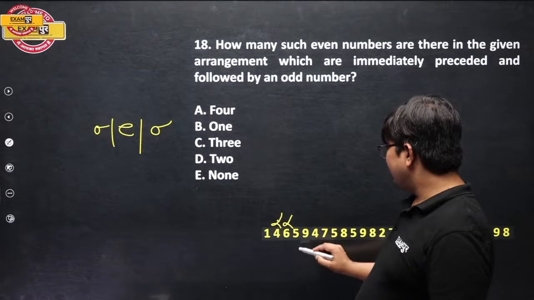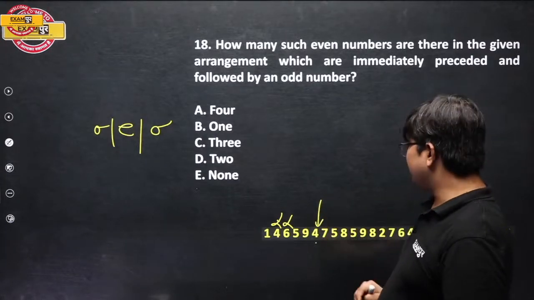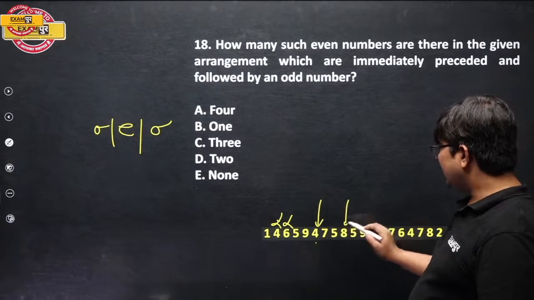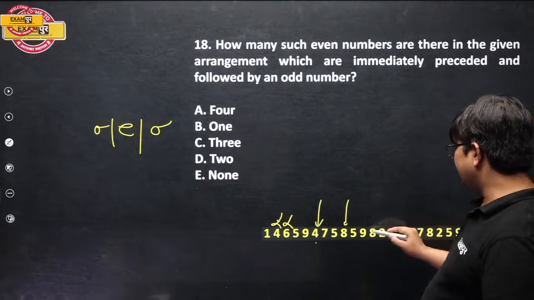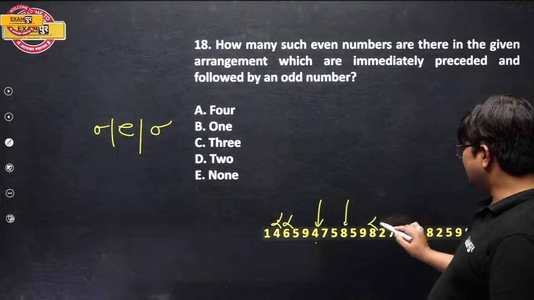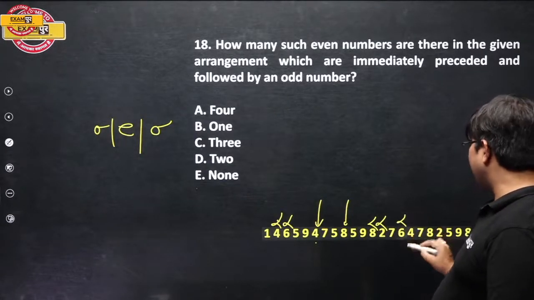No. Then this even number, yes, it is preceded as well as followed by an odd number. This even number, yes. Then this even number, no. This even is not preceded, this even is not followed by an odd number.